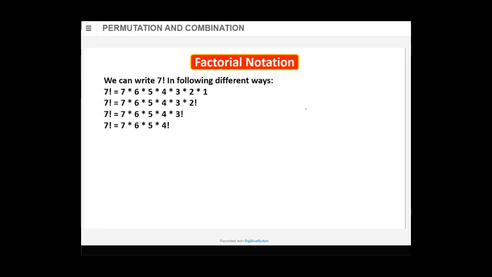Another way to write 7 factorial is 7 into 6 into 5 into 4 factorial. 4 factorial means 4 into 3 into 2 into 1. हो जाएगा. Any doubt? While solving the sums, you will require it. Any doubt?